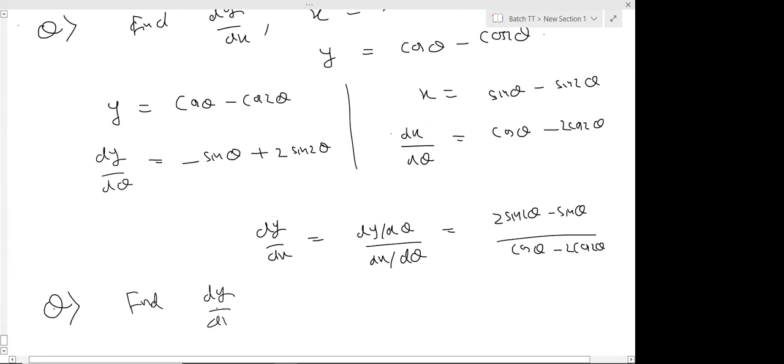Find dy by dx if x equals to a into theta minus sine theta and y equals to a into 1 plus cos theta.